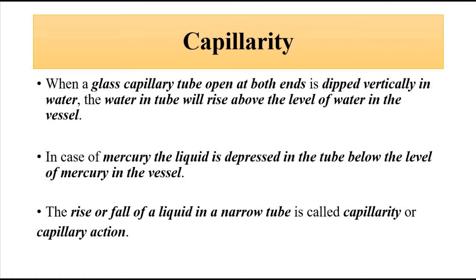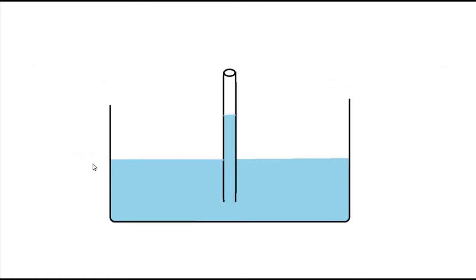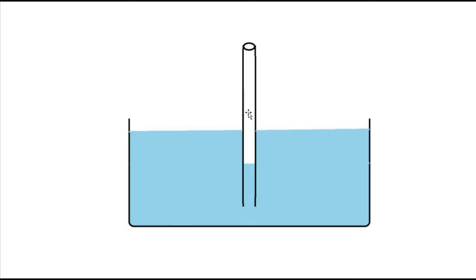Whenever this glass tube is dipped in water or any other liquid, two situations can happen. Either there will be a rise in the level of the liquid in the tube with respect to the normal level of the liquid in the container, or there will be a fall of the liquid in the tube below the normal level of liquid in the container.